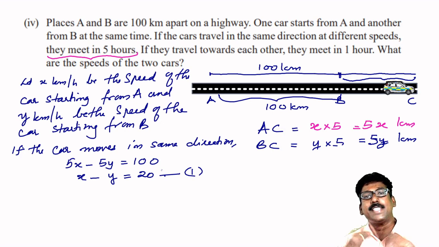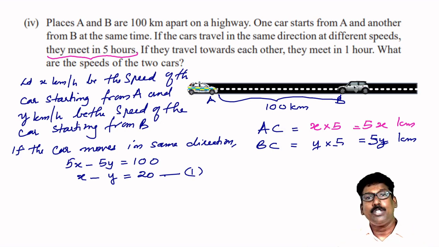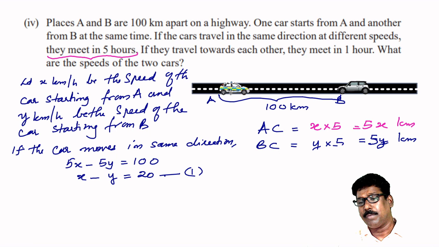Then what about the second condition? According to the second condition, the cars move in opposite directions. That is, the car from A moves in this direction and the car from B moves in this direction. Suppose both cars meet at this point.